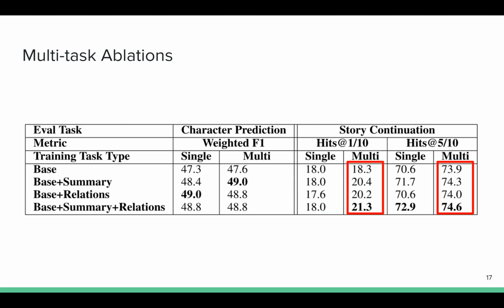In all story continuation experiments, multitask models outperform their single-task counterparts. Through these results, we can infer that incorporating character relationship information, through both input relation clustering information as well as next character prediction, helps the model continue stories while staying consistent with a particular character's persona.